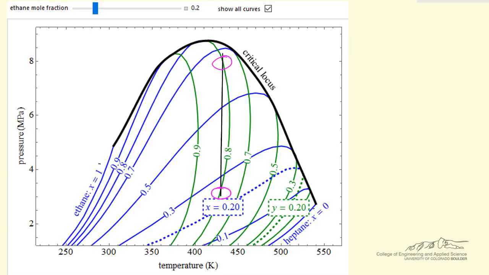Has two pressures where we have phase equilibrium, and the mole fraction liquid phase is going to be different at these two conditions. So the same temperature actually has more than one solution when we fix the vapor phase mole fraction, namely at different pressures we have phase equilibrium with different liquid mole fractions.